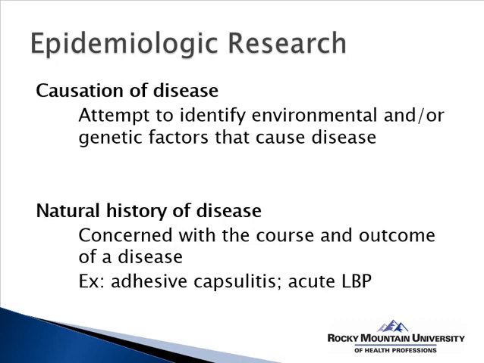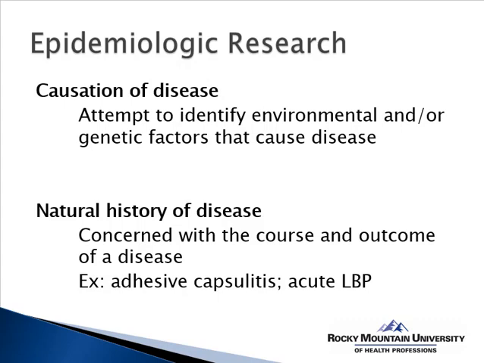So let's take a look at some additional concepts related to epidemiologic research. Causation of disease. This is the attempt to identify environmental and/or genetic factors that cause the disease. What's the natural history of disease? This is concerned with the course and outcome of a disease.